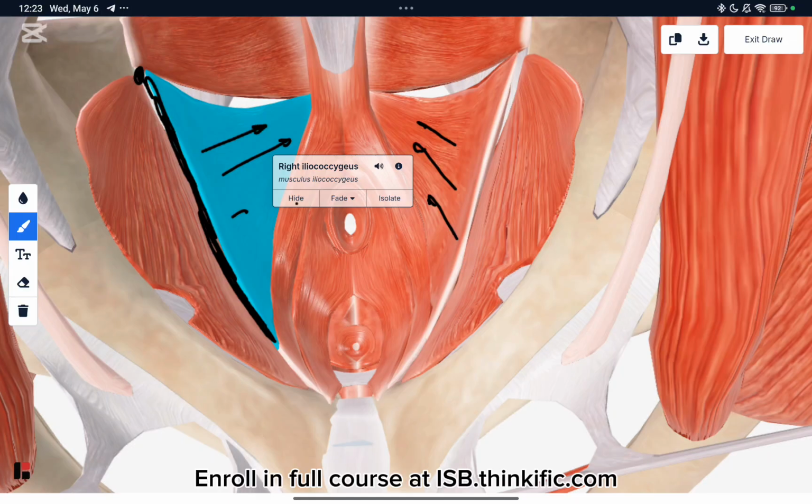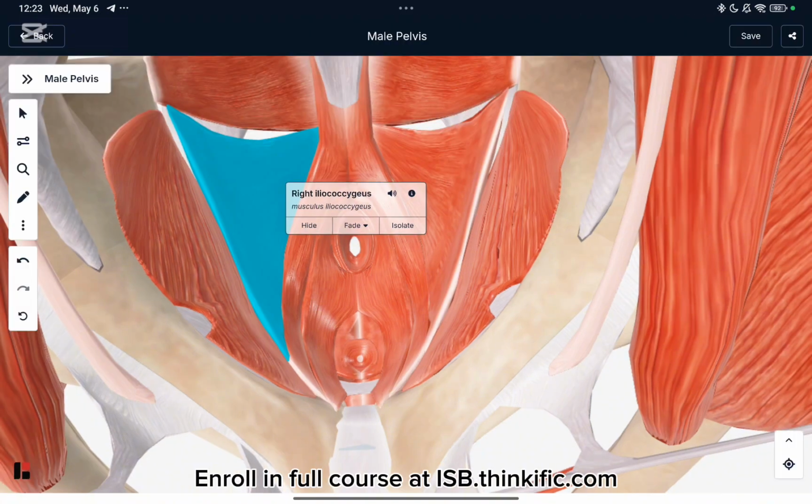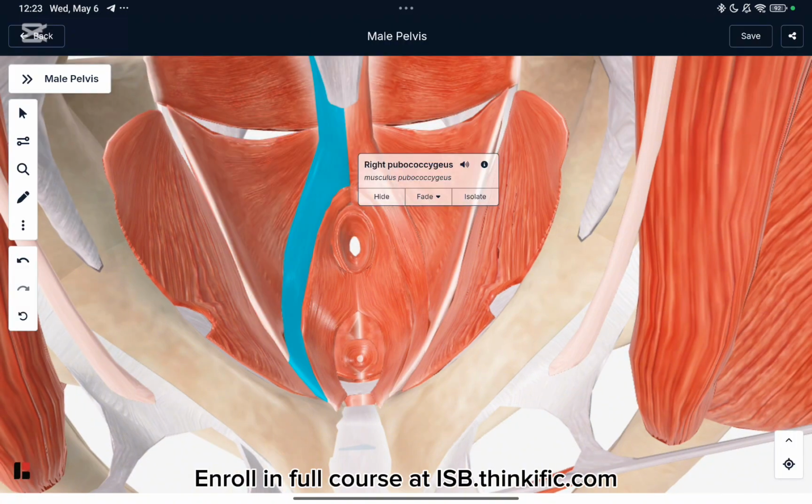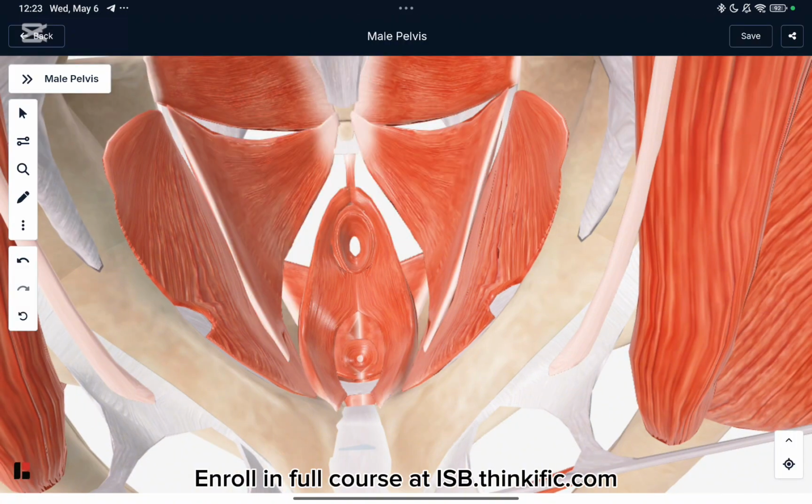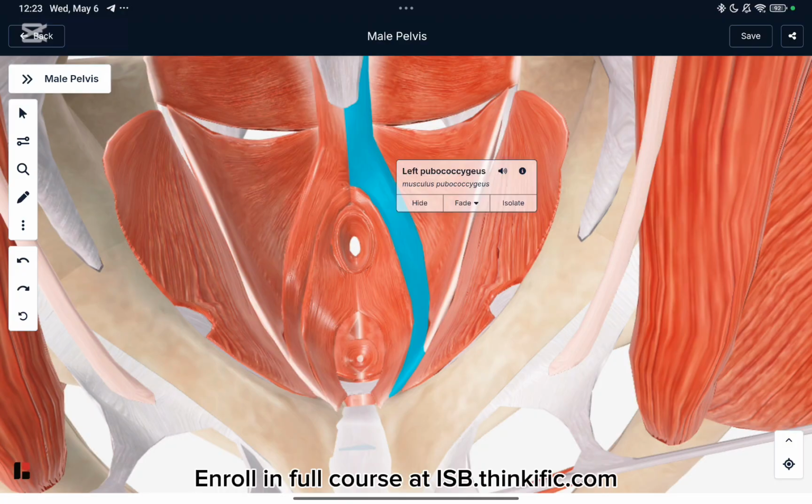Okay, so if we remove this portion of the muscle, the pubococcygeus, these two muscles come together at the midline with a raphe that attaches onto the coccyx. So, okay, this is levator ani muscle. Clear? I think it's so clear.